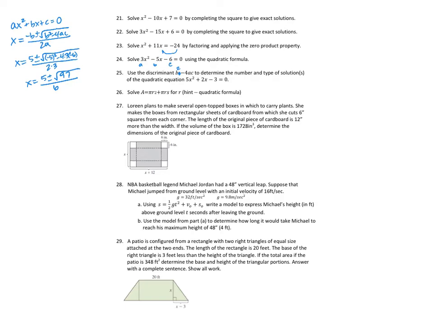So b squared minus 4ac is equal to 2 squared minus 4 times 5 times -3, and I get 64 for that. And that is a positive number. Since it's underneath that square root, that's going to give us a positive underneath that square root, so we will have real solutions. And because there's something under that square root, I'll have the plus and minus, so I'll get 2 real solutions.